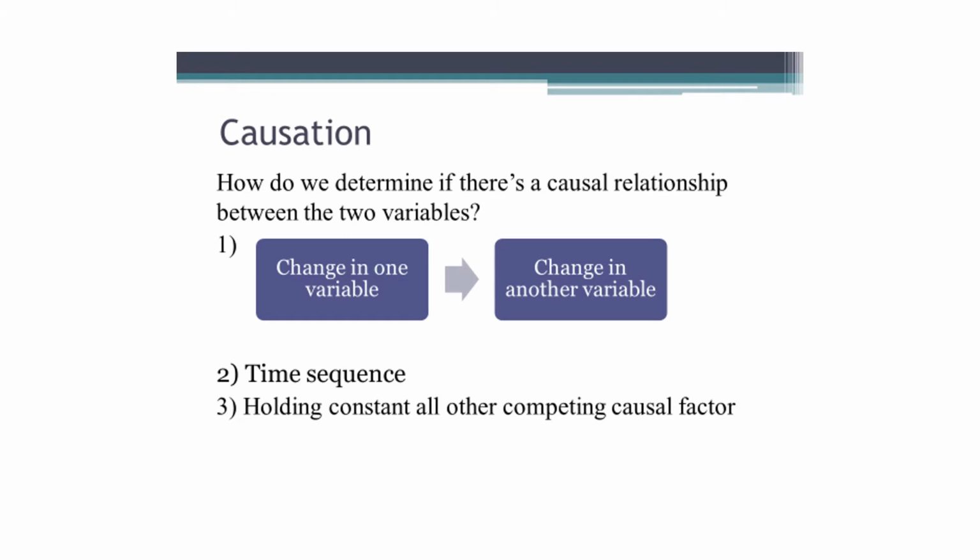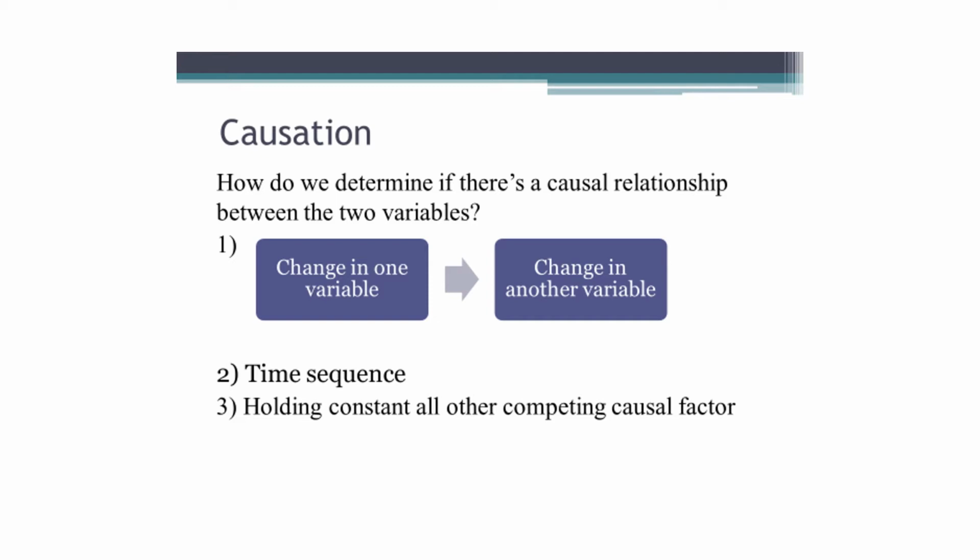So, what do we mean by cause and effect? What do we mean by causation? And how do we determine whether there's a causal relationship between the independent variable and the dependent variable? When we talk about causation, we mean how the change in one variable leads to the change in another variable.